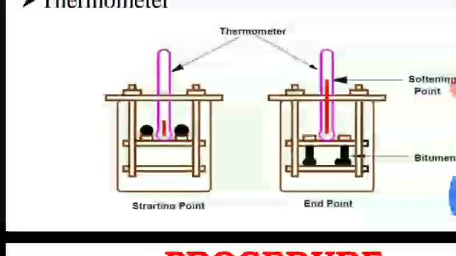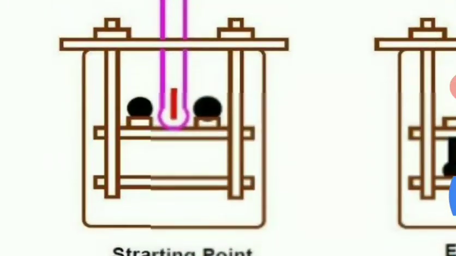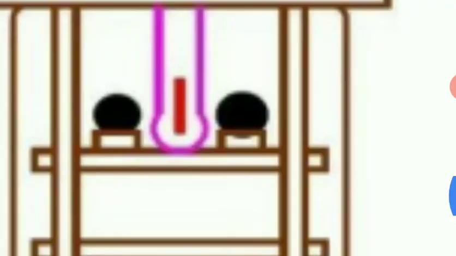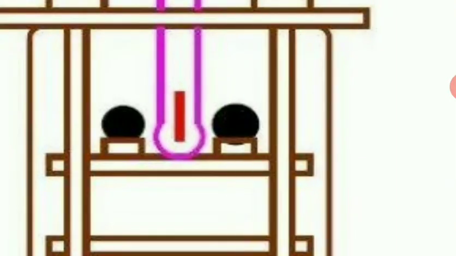This is the entire ring and ball apparatus, which is placed in a beaker. This black colored circular part you can consider as a ball, and whatever base you can see for these balls, that we can consider as the ring.